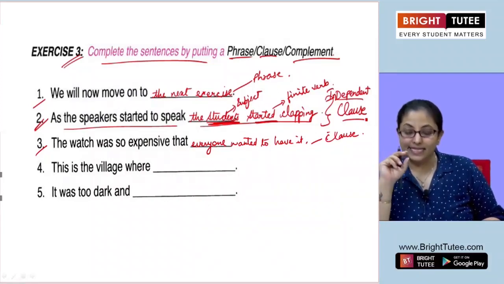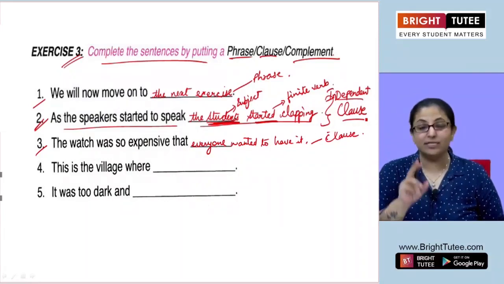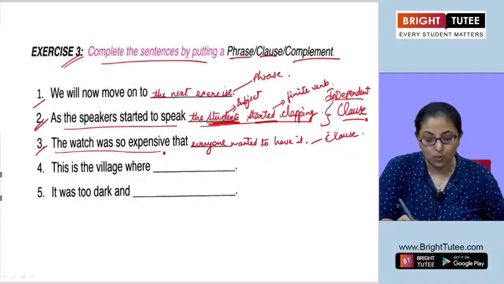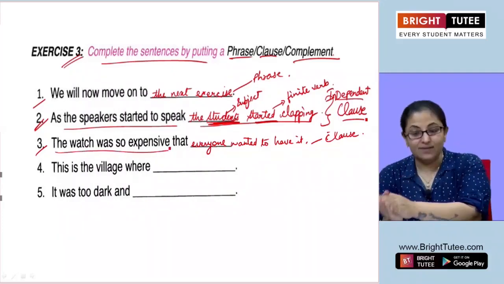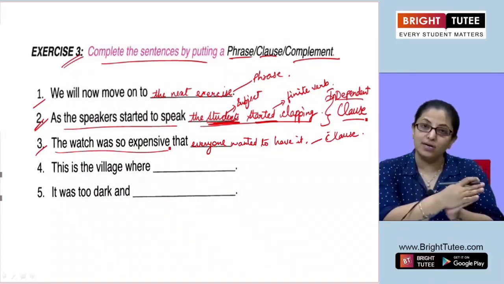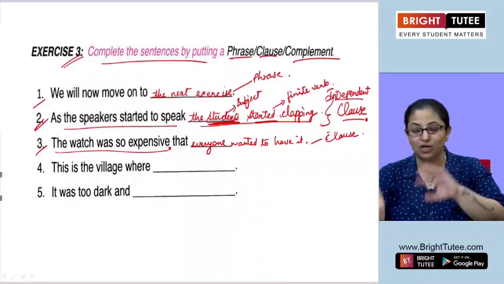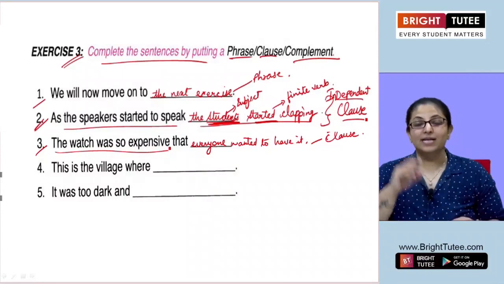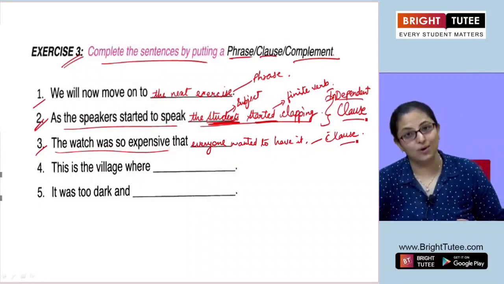No. This clause is dependent upon the main clause. The main clause is the watch was so expensive, right? So clause B, which is everyone wanted to have it, is dependent upon clause A, which is the watch was so expensive. That is why everyone wanted to have it is a dependent clause, right?